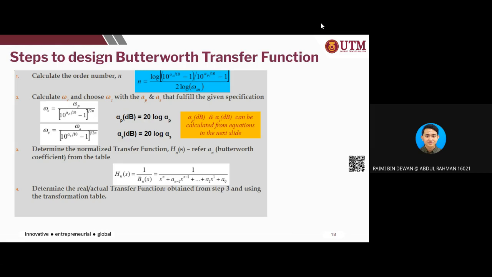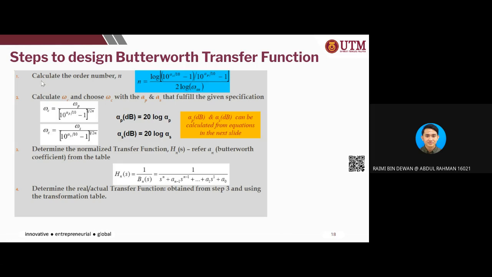Again, what is transfer function? It is our H(s). The first step of designing the Butterworth transfer function is to determine the order of the filter, shown by this equation: N equals log10 of (10 to the stop band gain over 10 minus 1) over (10 to the pass band gain over 10 minus 1), over 2 log omega Sn.